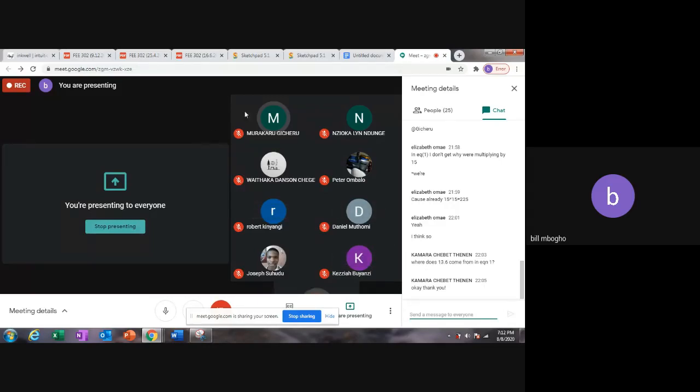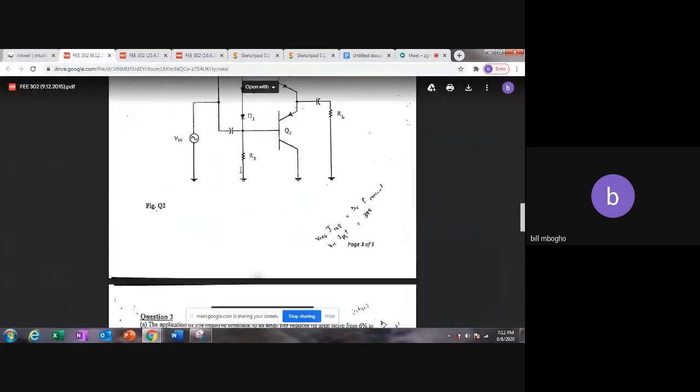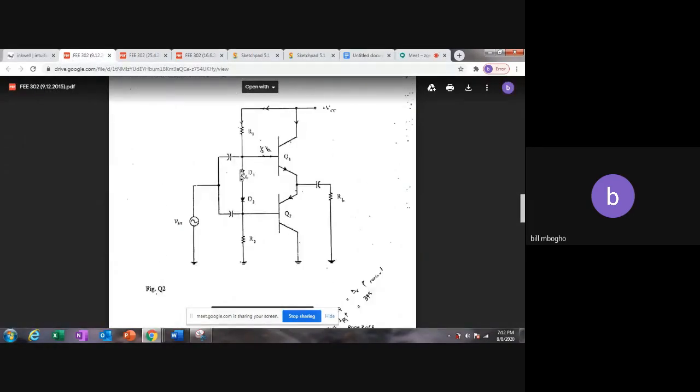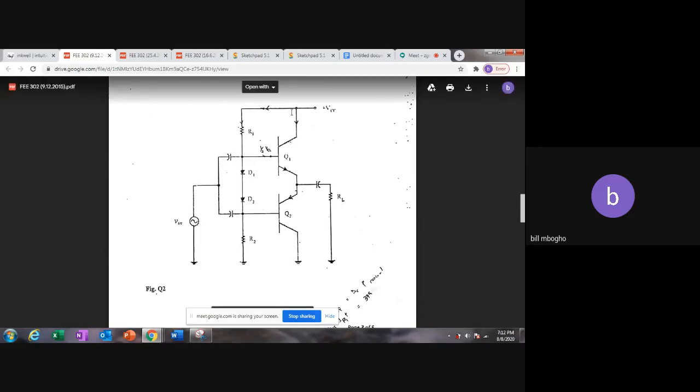I remember a question I had when I was revising this. In the class A amplifier, when we were calculating the current, we said it's ICQ plus VCEQ minus VCE over RC. That was the equation for our load line.